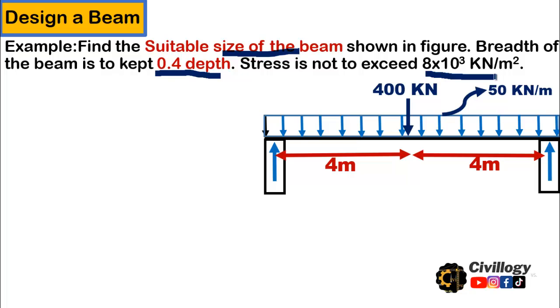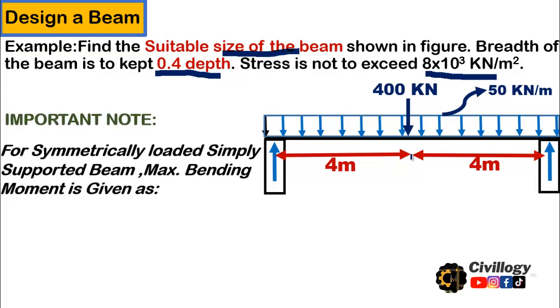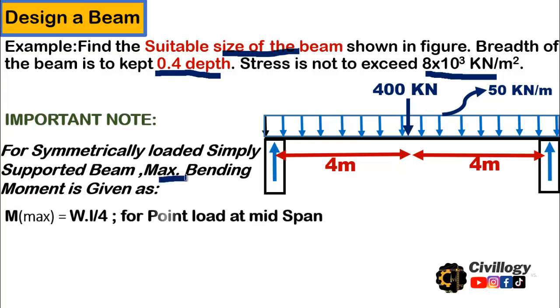Here are the most important things which I have to tell you. As we can see over here, the beam is symmetrically loaded and simply supported, and for such a beam the maximum bending moment for a point load is given as WL divided by 4, where W is the point load and L is the span. For a point load at mid span, as you can see over here, the point of application is at mid span, okay.